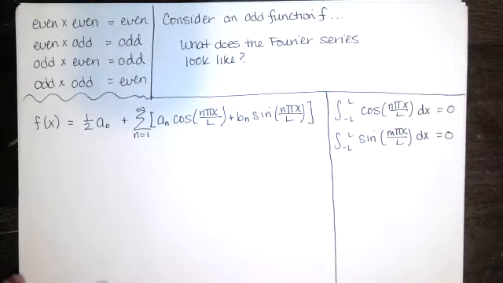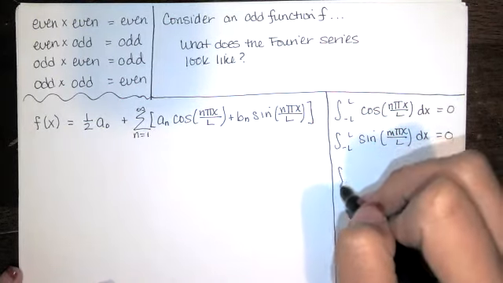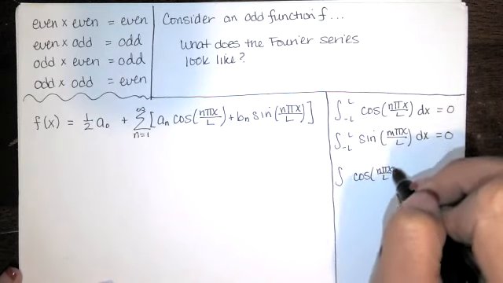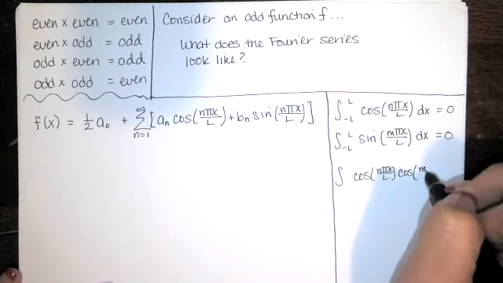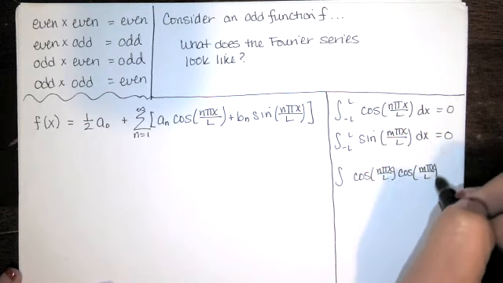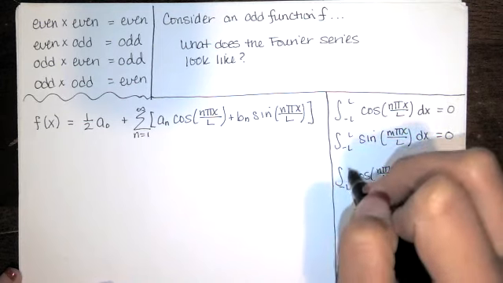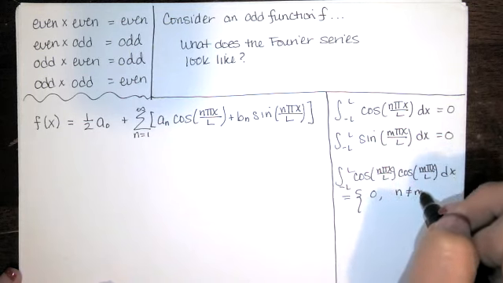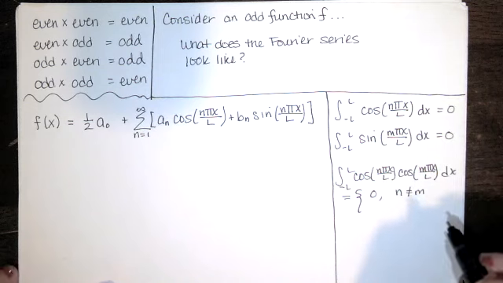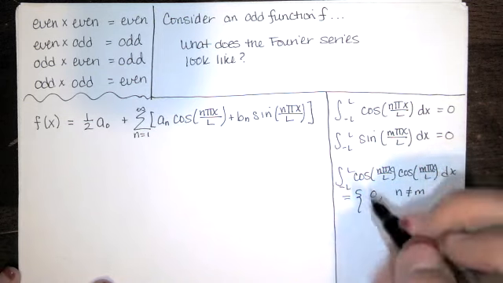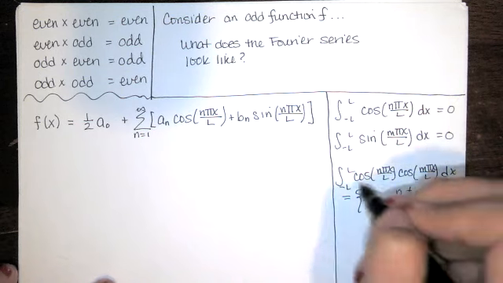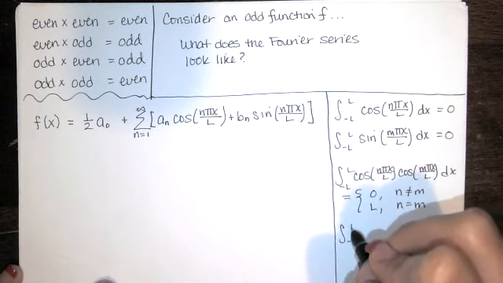And then we said, not only that, but if I take cosine of n pi x over L and multiply it by cosine of m pi x over L and integrate from negative L to L, I'm going to get 0 most of the time. As long as n and m are not the same, I'll get 0. But if n and m are the same, it turns out that we get L.